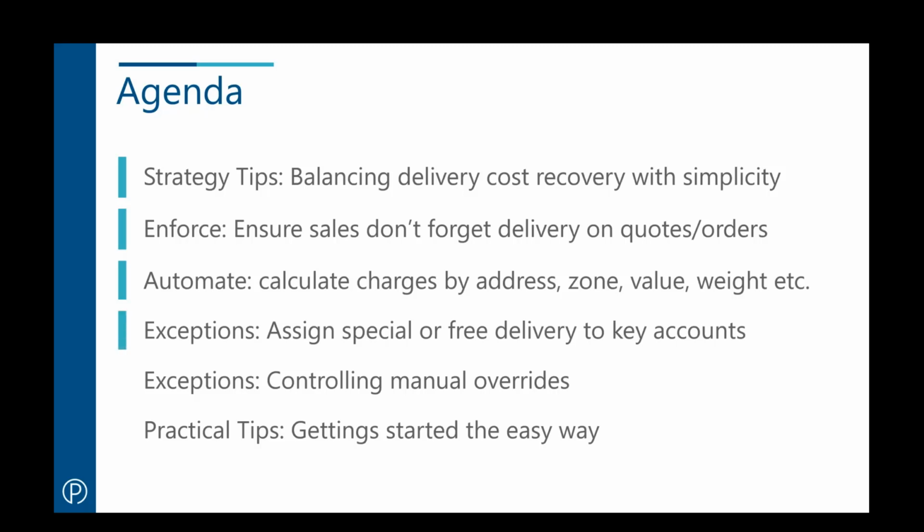That's always important. And then how to control who can and who can't manually override those delivery charges. And then I've just got a few practical tips for anybody who hasn't yet set up delivery charges, or has only got the very basic option set and wants to get the automated calculations going and build that up.